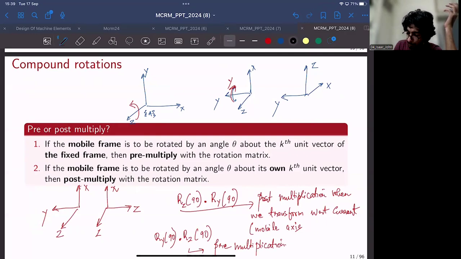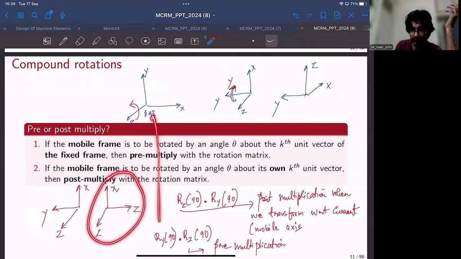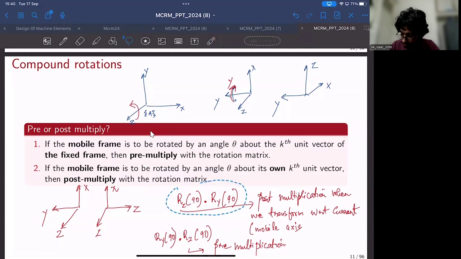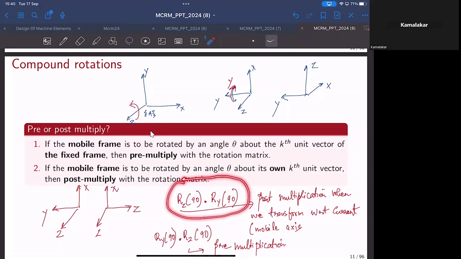So if you apply this transformation on this matrix or this frame of reference, you will get this frame of reference. And if I apply this transformation, the post-multiplication, to this frame of reference, you will get the final output as this frame of reference.